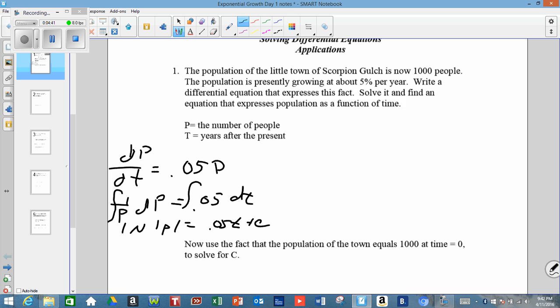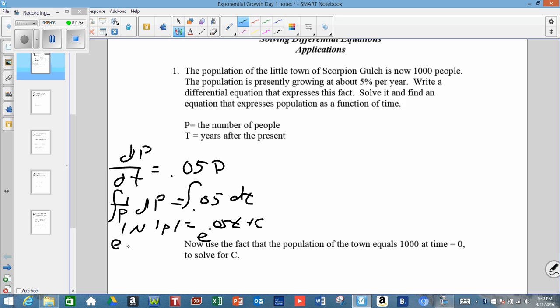That right there is supposed to be a C. Plus C. Okay, how do I get the P out of the natural log? We have to exponentiate both sides.